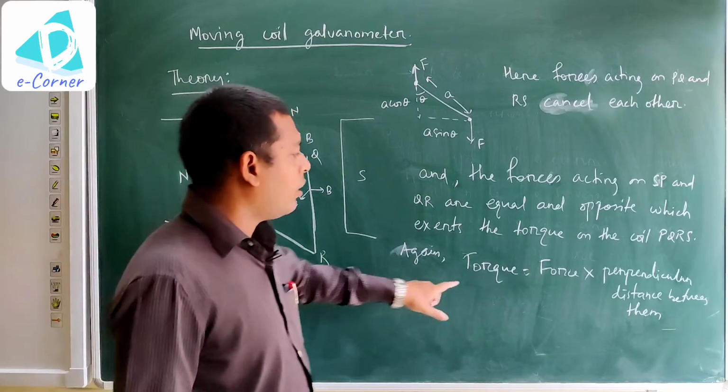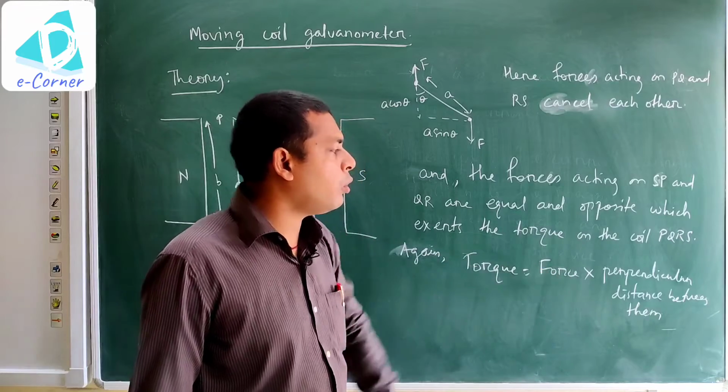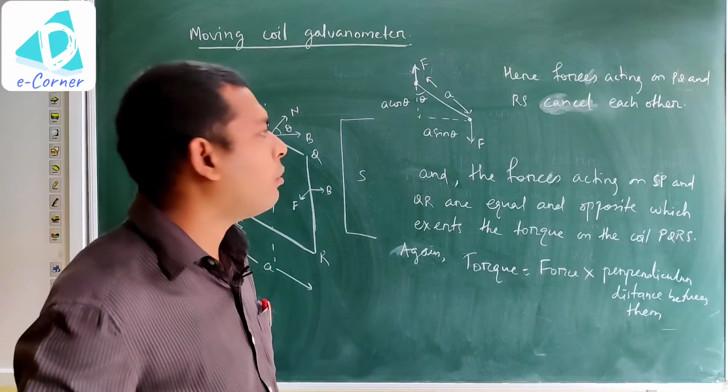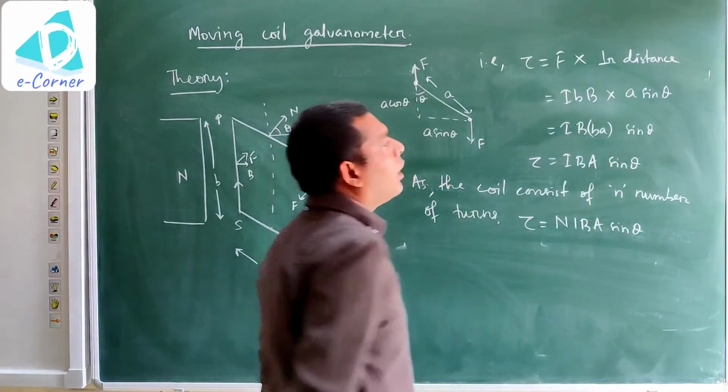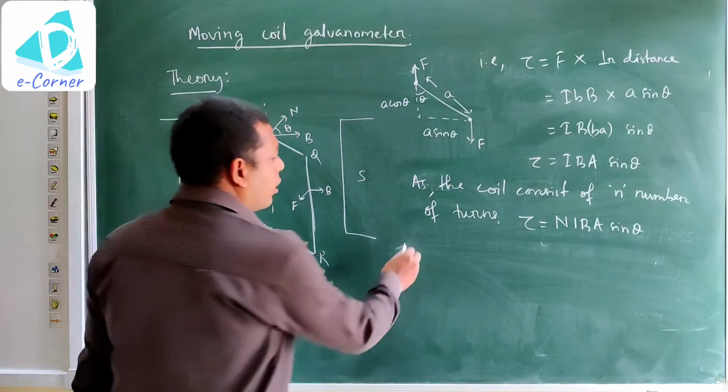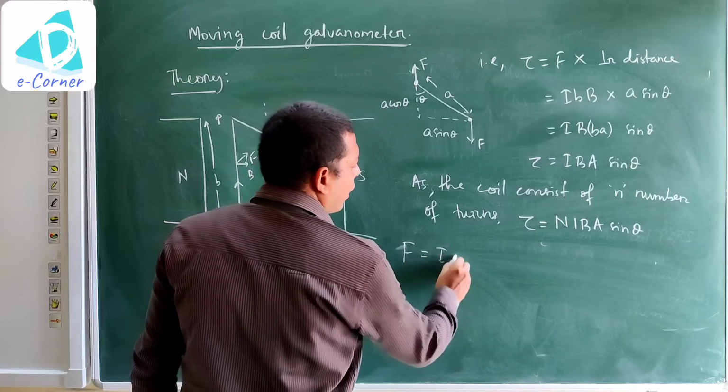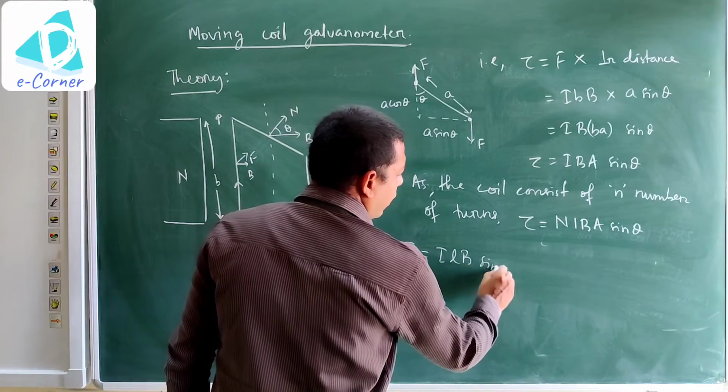Again, torque is equal to force into perpendicular distance between them, that is tau equal to force into perpendicular distance. Force F is equal to I L B sin theta.